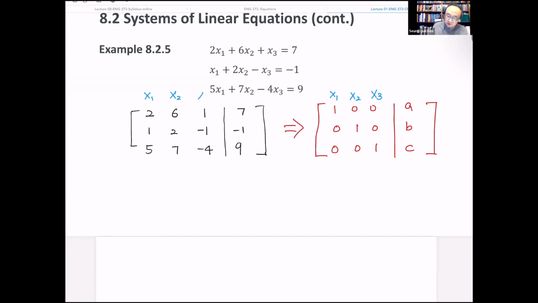That's what we started with. So the first equation, 2, 6, 1, coefficients of x1, x2, and x3. Second equation, 1, 2, -1. So once you get into this identity matrix for the left side, and then we have some numbers A, B, and C on the right hand side, then at the end we can say x1 equals A, x2 equals B, x3 equals C.